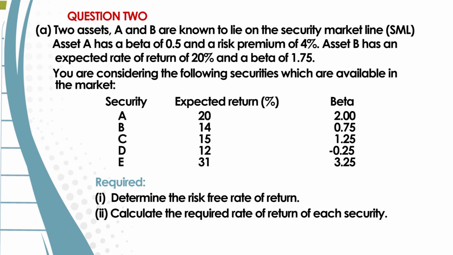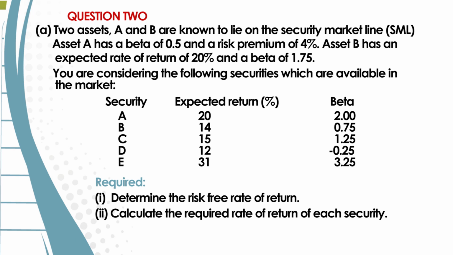Roman 1, we are to calculate the risk-free rate. Roman 2 is independent of Roman 1. Roman 1, we were to determine the risk-free rate given the data before the table, the data before the securities shown in the table.